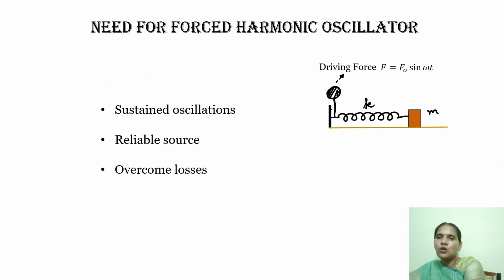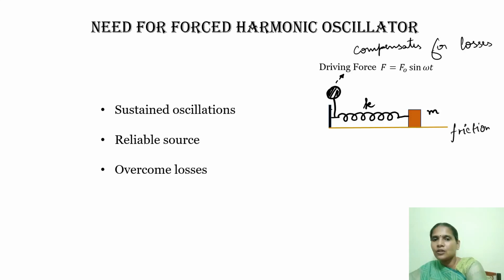Why do we need a forced harmonic oscillator? A driving force is used to make up for the losses. So the driving force compensates for losses. In all real systems, there are losses such as frictional loss, or air resistance.